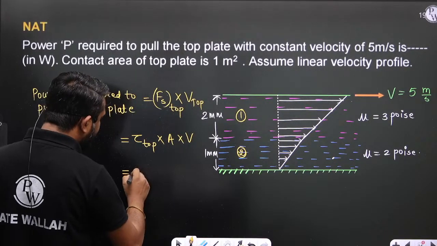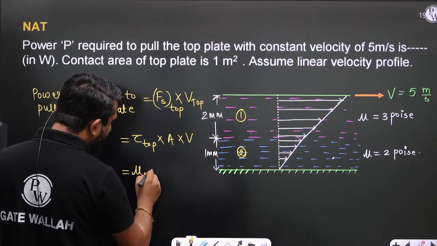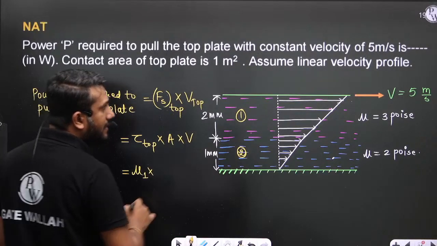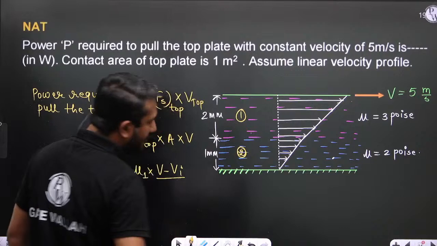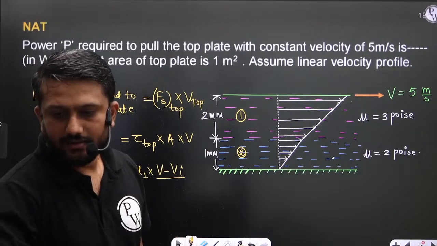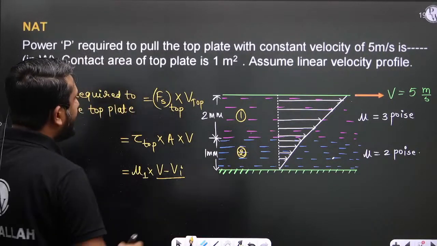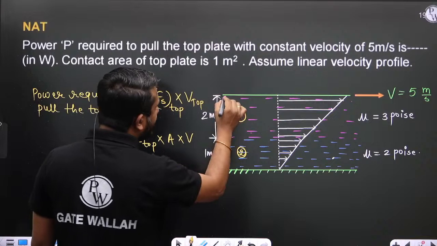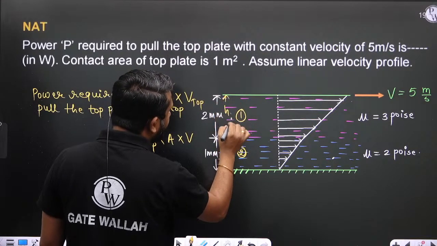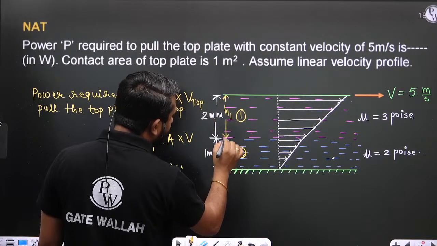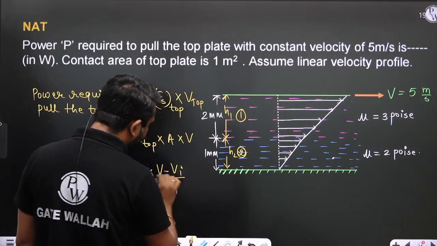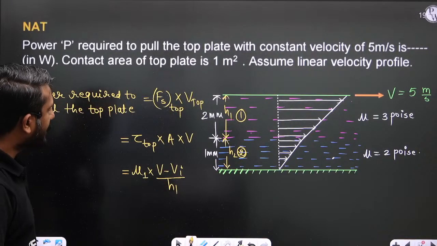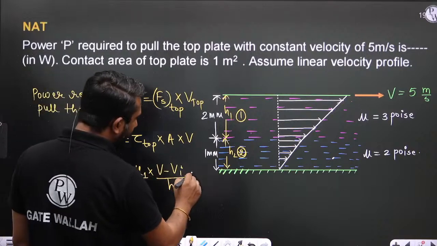We can write this as mu1 multiplied by (V minus Vi) divided by H1, where H1 and H2 are the depths of the two fluids.